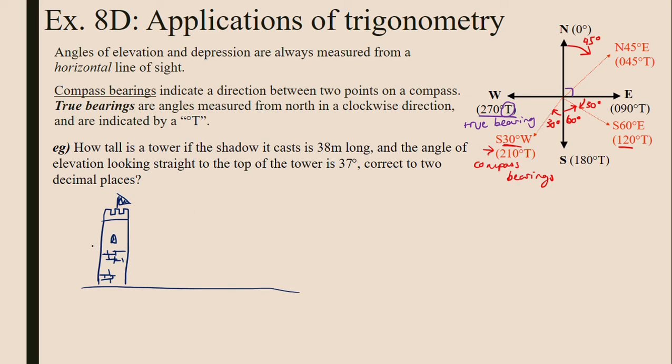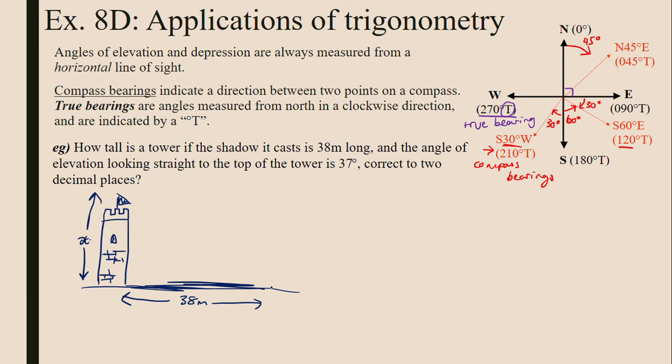How tall is the tower? So we want to find out how tall my tower is if the shadow that it casts is 38 meters long, and the angle of elevation looking straight to the top of the tower is 37 degrees.